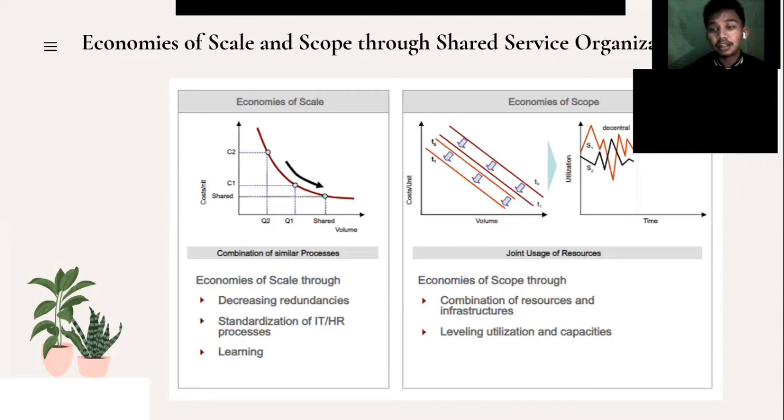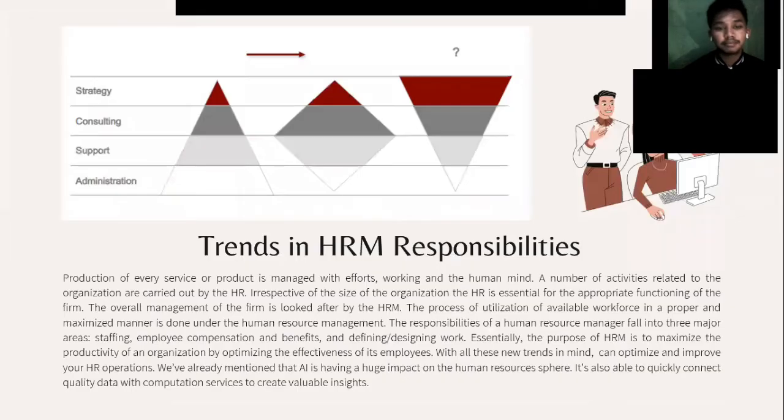And economies of scope, which is joint usage of resources through combination of resources and infrastructure, then leveling utilization and capacities.